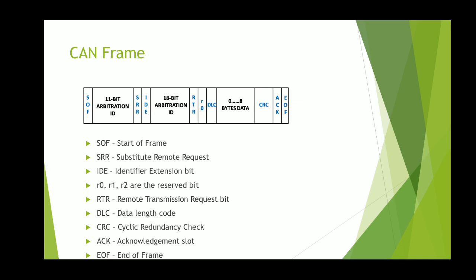Followed by the CRC comes the acknowledgement field, and depending on the value of the acknowledgement field, we can verify whether the data is received faithfully. And finally, the end of frame field indicates the end of the data frame.